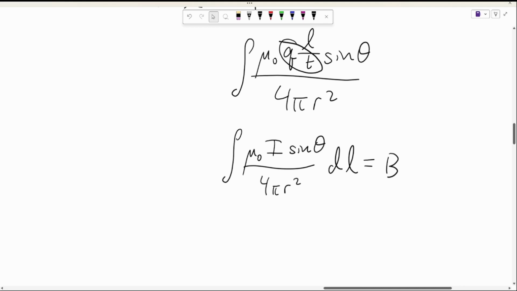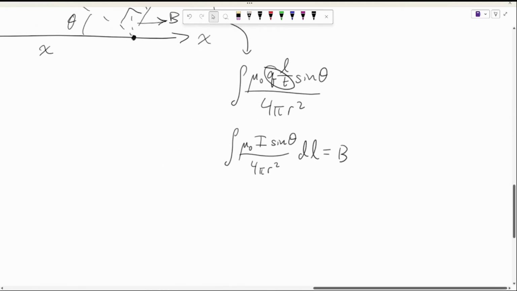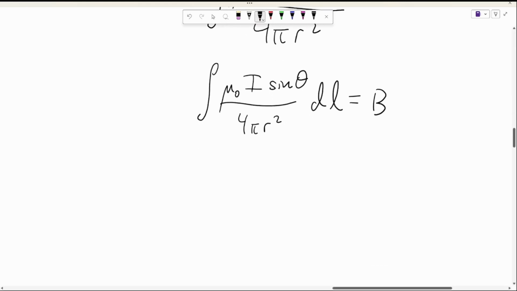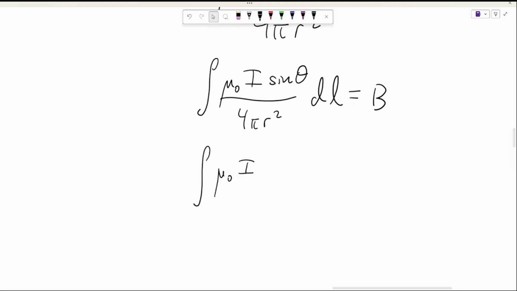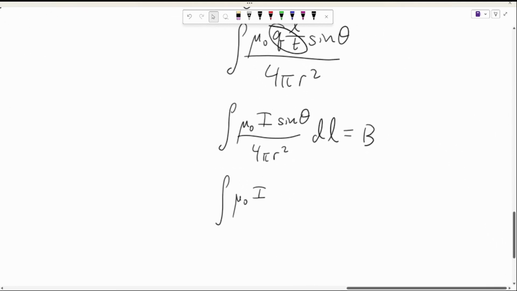Alright, so then you just integrate around the circle, or, well, okay, strictly speaking, hang on. Right, no, I'm skipping a step. So we have to get rid of this theta because theta is annoying. We don't actually know theta in the problem. So we're going to replace it with, if we look at the triangle we've drawn, sine theta is the same thing as y over r.